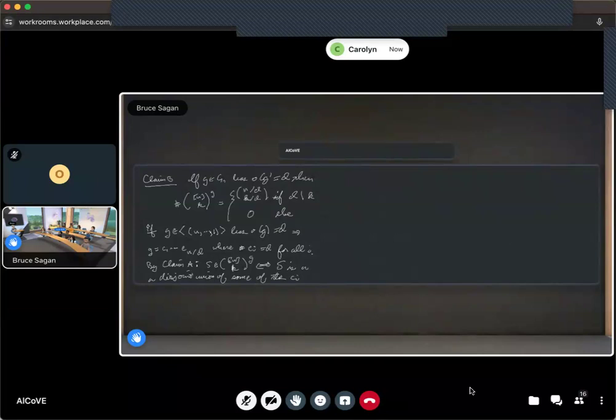No, right? They're all D-cycles. When you put them together, you're going to get something which has a multiple of D elements in it. Everybody agree that's not possible in that case.